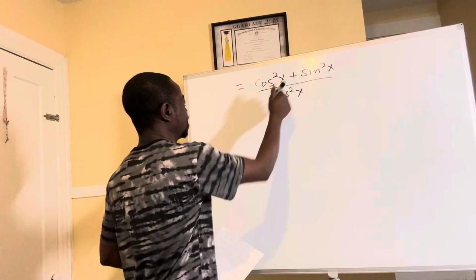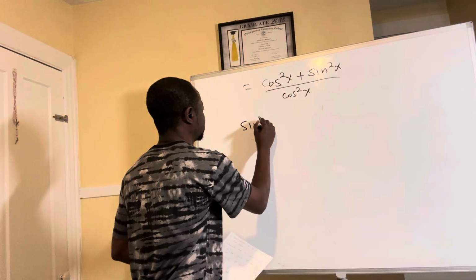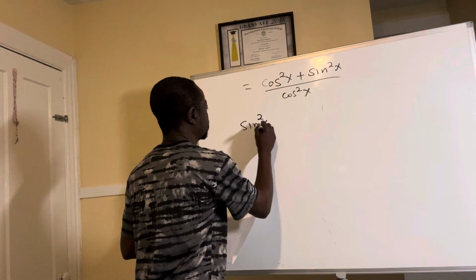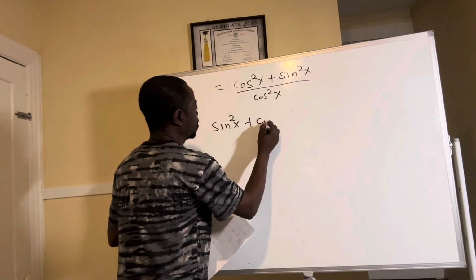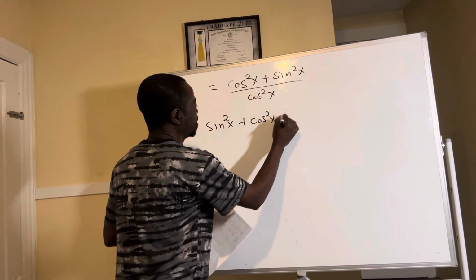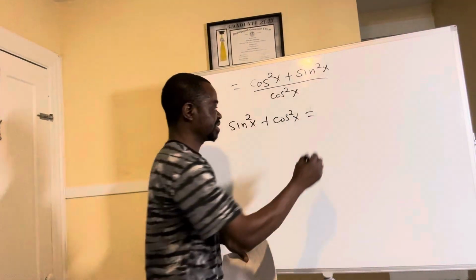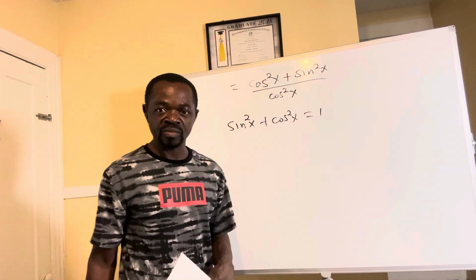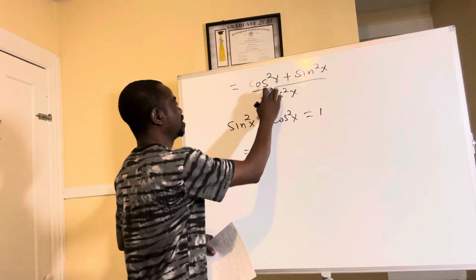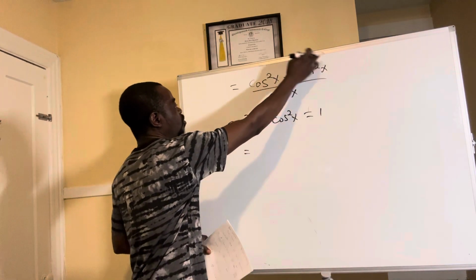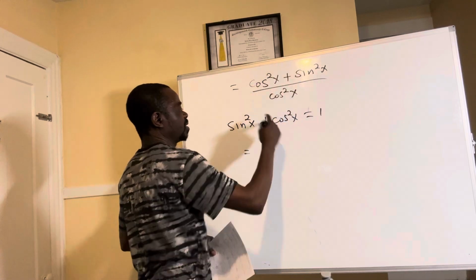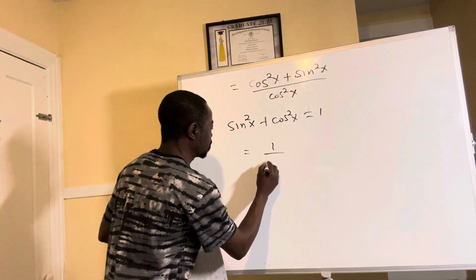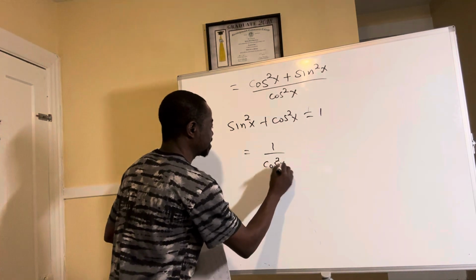Sine square of x plus cos square of x is the same thing as 1. So we can simply replace this whole term with 1. So you have 1 all over cos square of x.